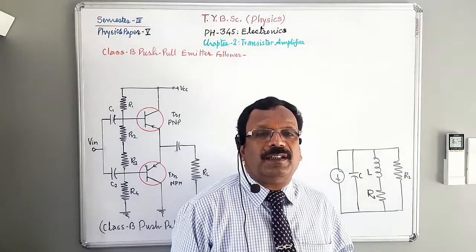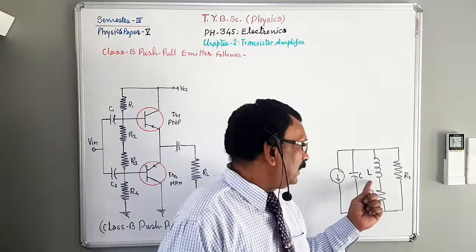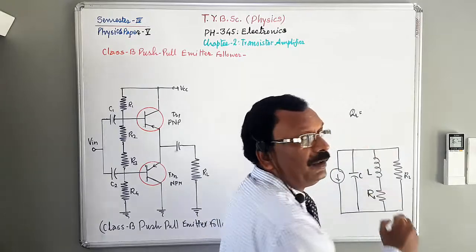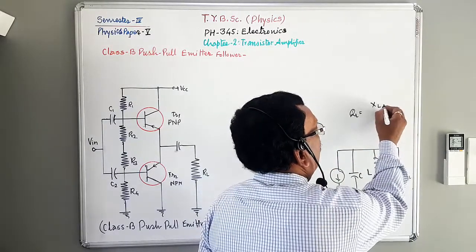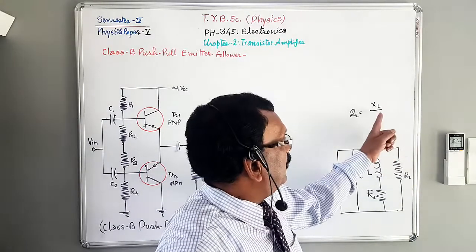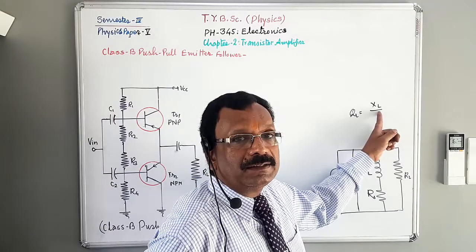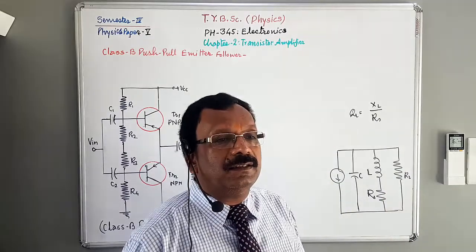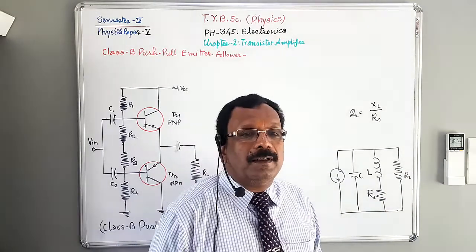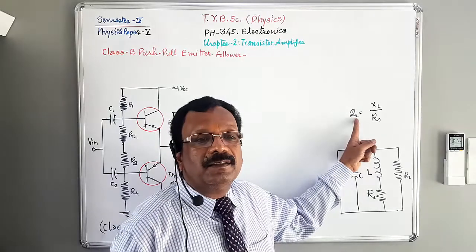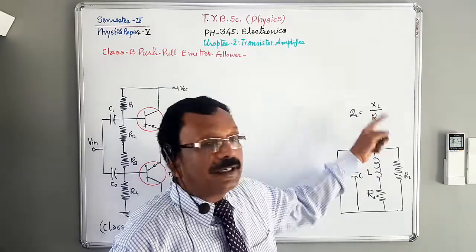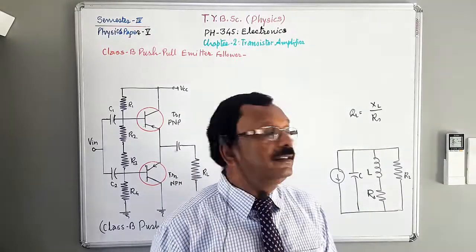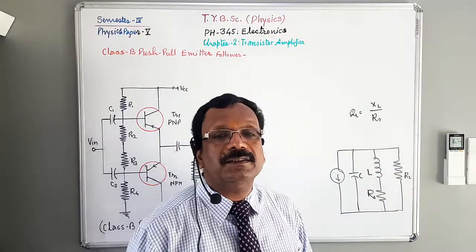The series resistance is related to the quality factor. Suppose an inductor is there, then the quality factor QL is equal to XL upon RS, the inductive reactance upon the series resistor. Here XL is the inductive reactance and RS is the coil resistance which is in series.